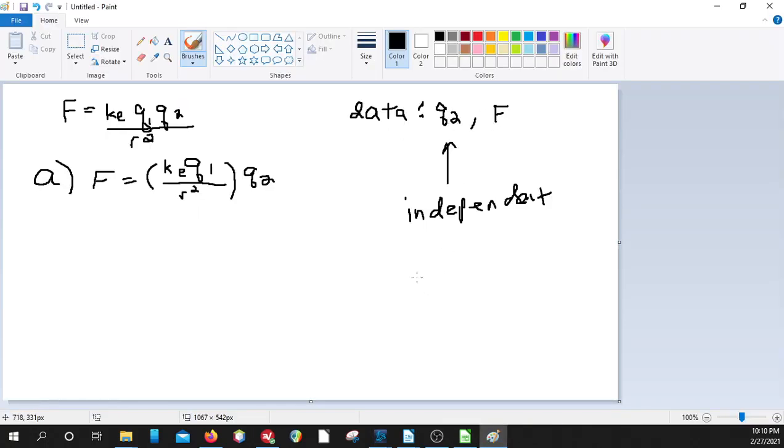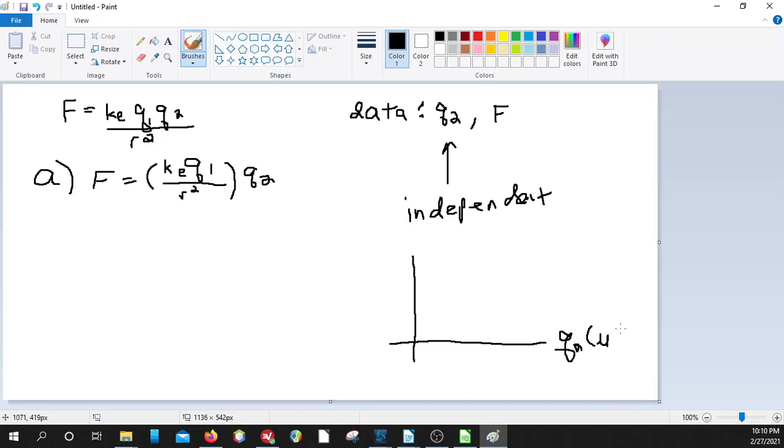If we're going to plot this, Q2 is the independent variable. We'd have Q2 in microcoulombs, and then we'll plot the force in newtons. The dependent variable would be on the y-axis.